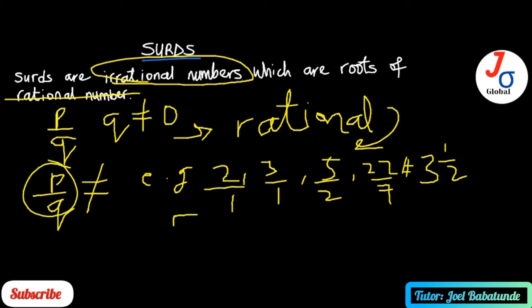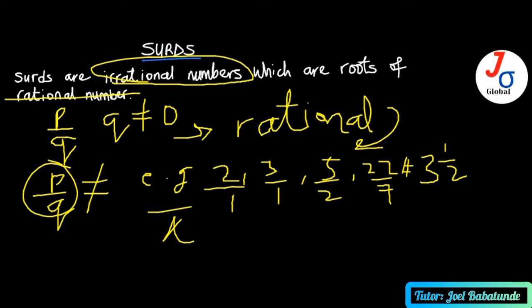Examples of irrational numbers: pi, that's 3.142 and so on. Pi is approximately equal to 22 over 7, but that's not the real value of pi. That's just an approximation.